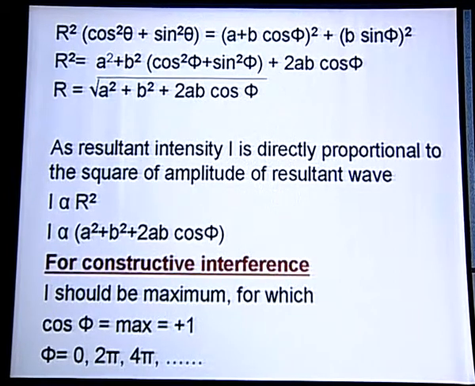When will this be maximum? You have got the cos angle here. You very well know that the cos angle has maximum value plus 1. So this is maximum if you substitute, suppose, 0, cos 0 is 1. So this is 2ab, and you will get a square plus b square plus 2ab.